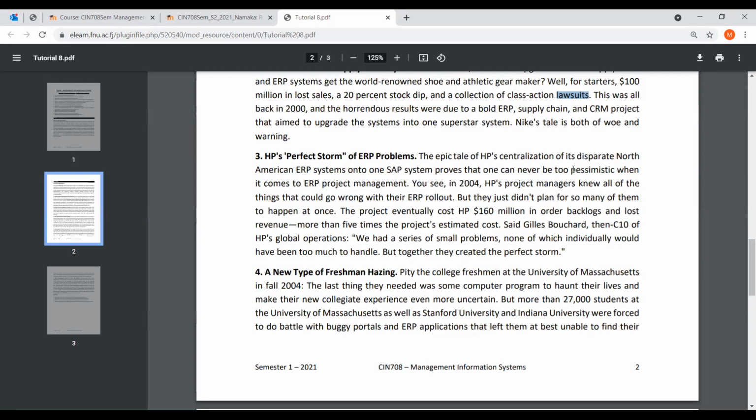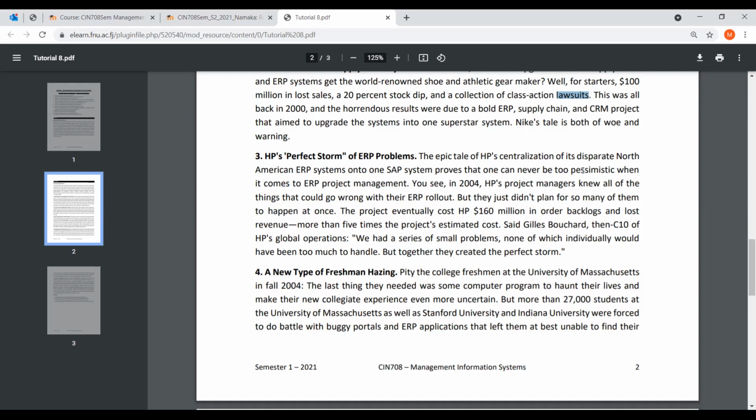Just because of that, it was very difficult to handle, and HP overall lost millions of dollars, and they had to go around fixing a lot of backlogs. Backlogs are things that are overdue, and it will take a lot of time to get over those things.